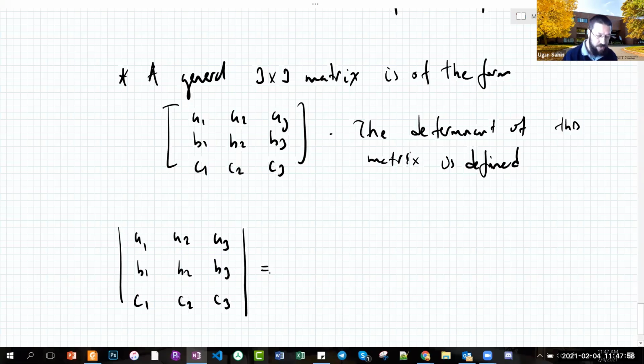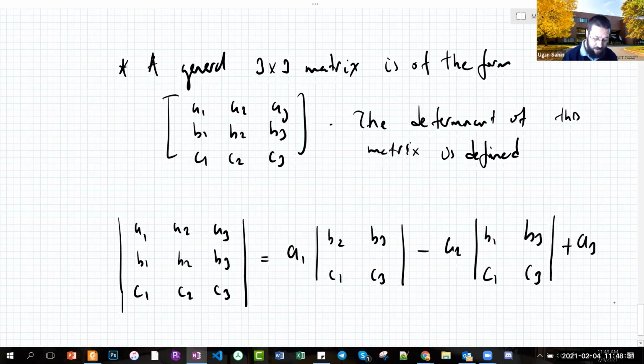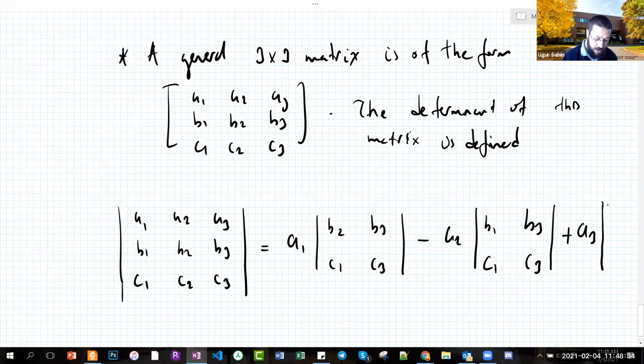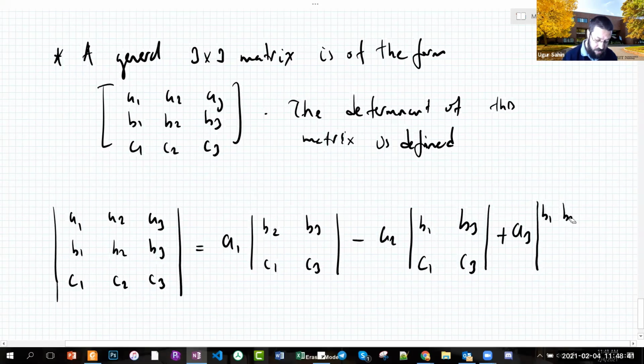I just used the lines to show the determinants, guys. So it will be a1 times the determinant of the smaller matrix inside this big matrix, minus a2 times the determinant of b1, b3, c1, c3, and plus a3 times the determinant of b1, b2, c1, c2.